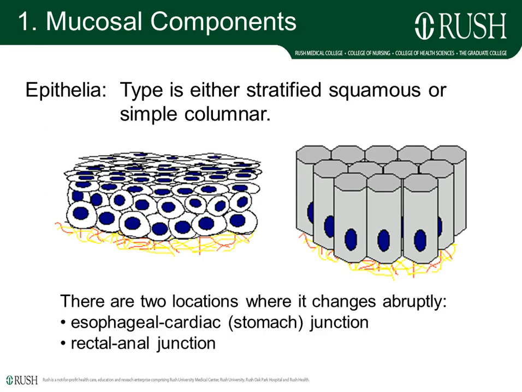The first is encountered at the place where the esophagus meets the stomach, called the esophageal cardiac junction, because the cardiac is that first region of the stomach, and the second is at the rectal anal junction where you're just about to leave the body. So basically the beginning and the end of the tube have stratified squamous, and the majority of the tube in the middle is simple columnar.